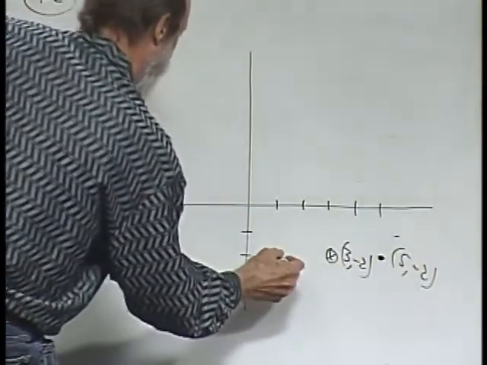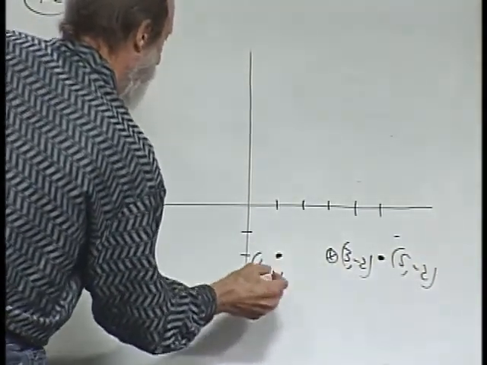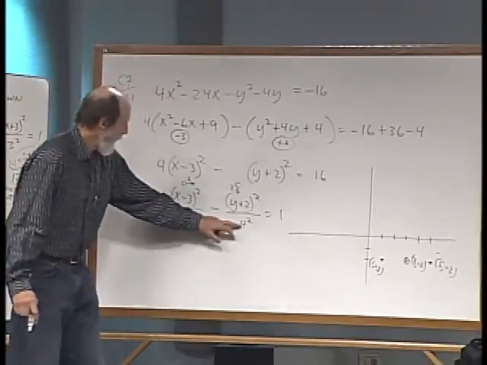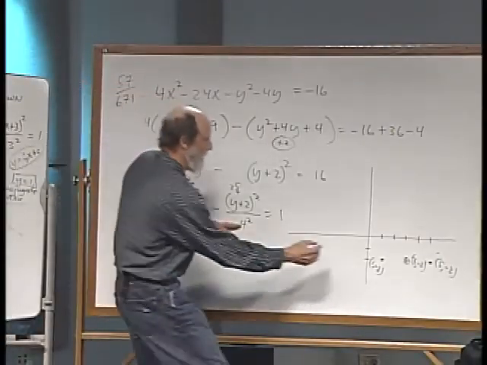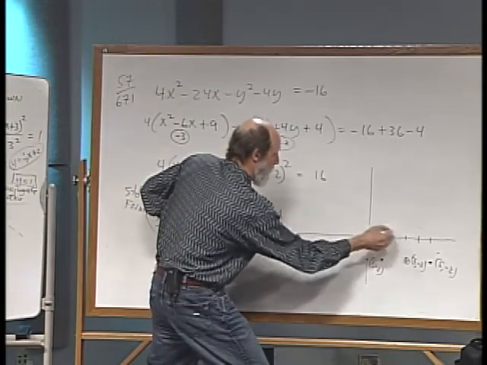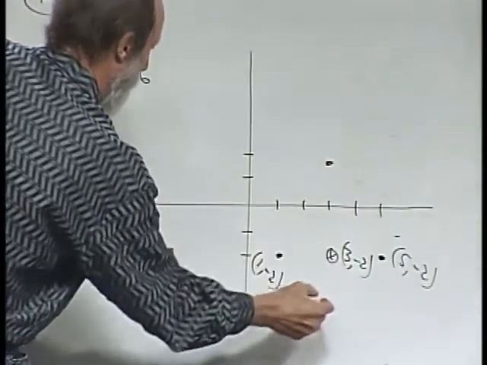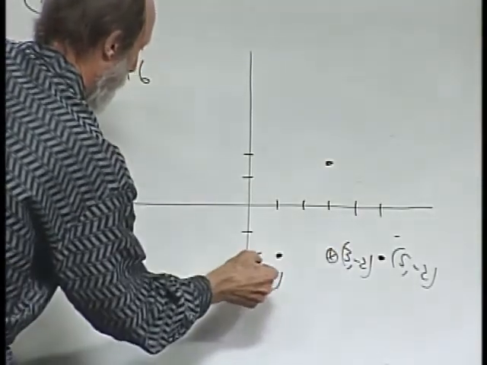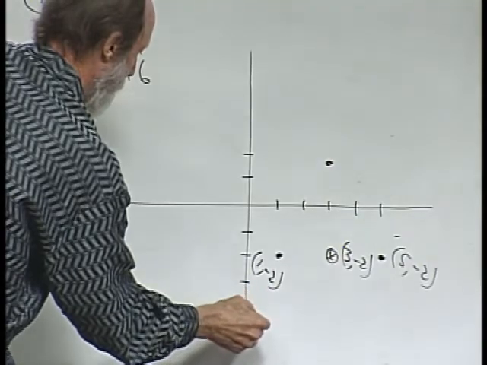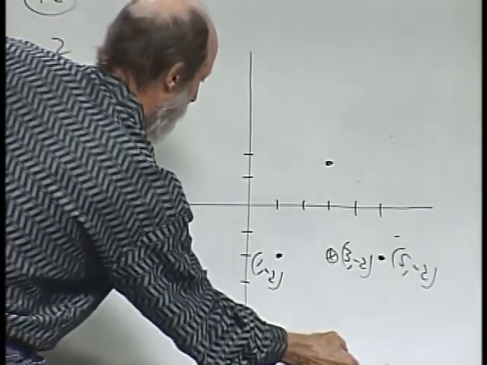And this would be coordinate 1, negative 2. And then I'm going to go up and down a distance of 4, above and below the center. Up 1, 2, 3, 4, and down 4 from below the center. 1, 2. Just going to make it here.